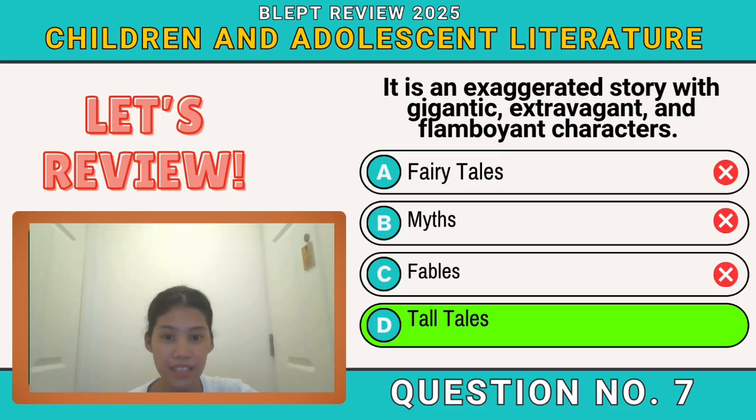Letter B, myths are traditional religious stories that provide explanations for natural phenomena, usually containing deities as characters. And letter C, fables are very brief traditional stories that teach a lesson about behavior, usually with animal characters.